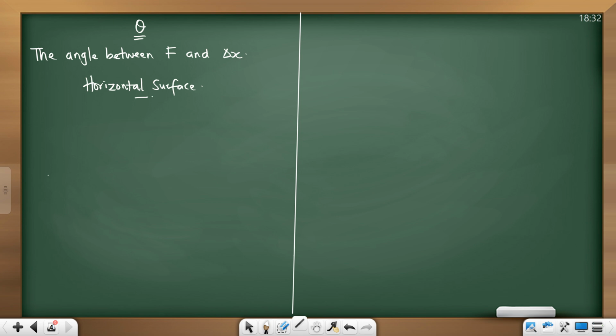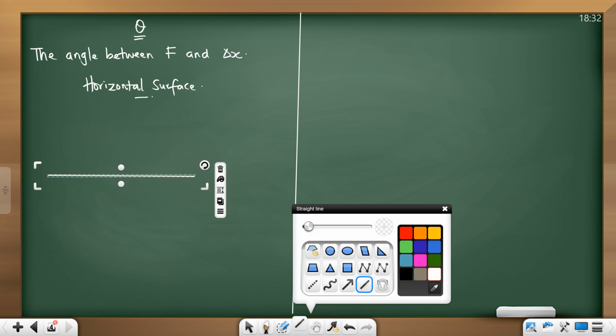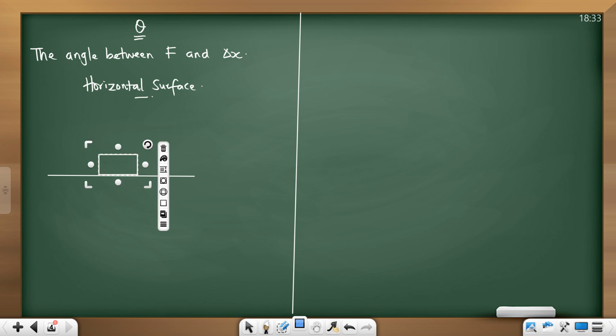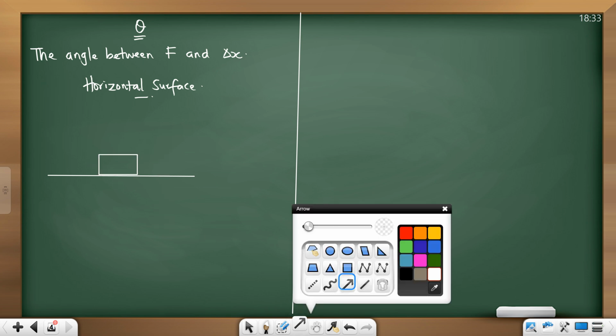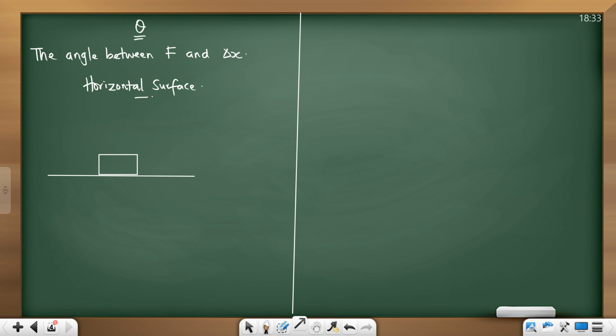If I have a horizontal surface and I have an object, this is where we are going to use our free body diagrams now, right? If I have a force this way, and I say the object is moving, you've got to look at where the object is going. Let's make this a rough surface. Where will friction be acting?